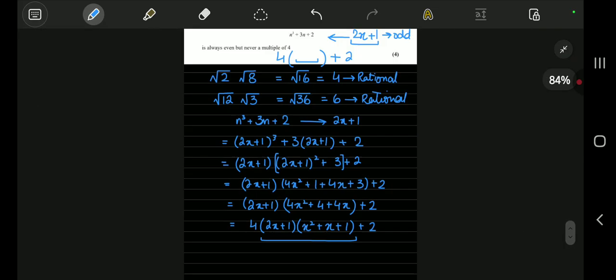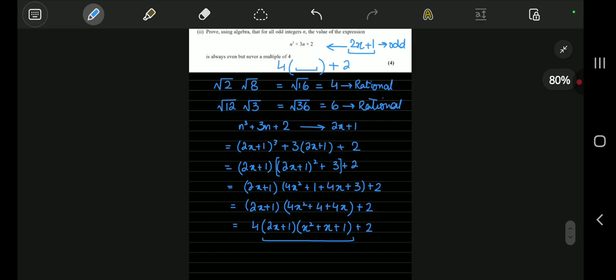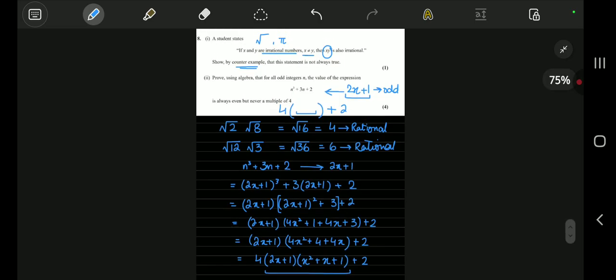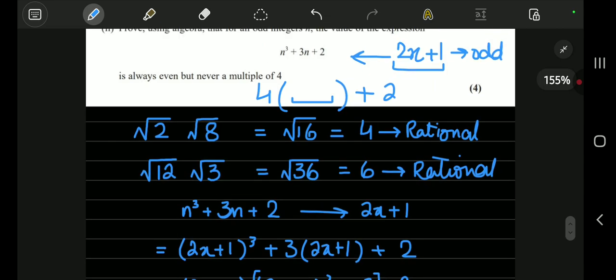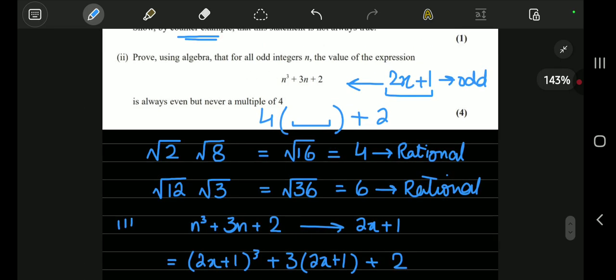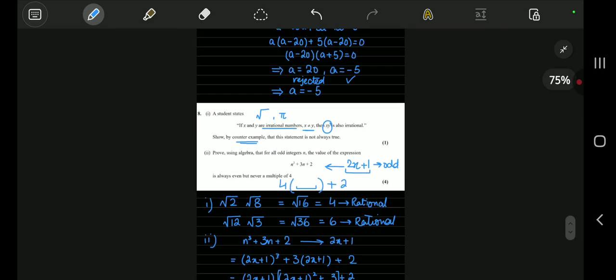So this expression gives you 4 times some expression plus 2. So this expression is always going to give you an even number but not a multiple of 4. I hope you understand this. That's all, your part 1 and part 2 for question number 8.